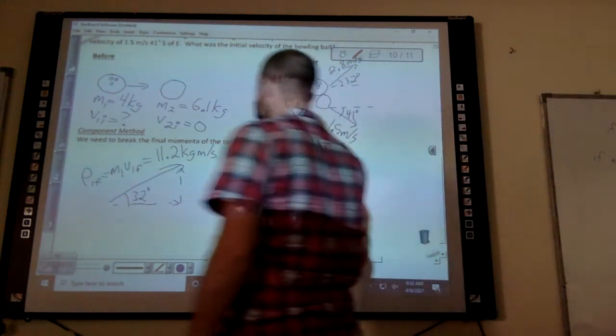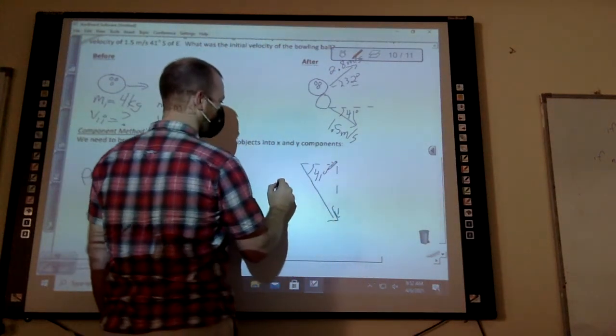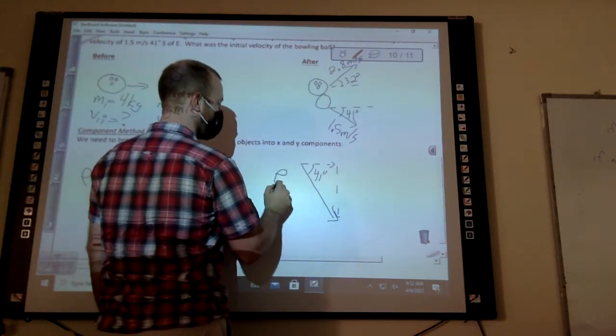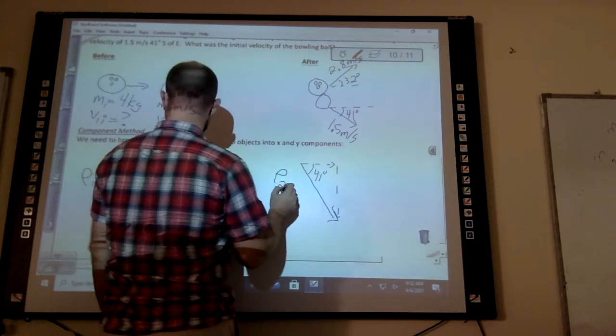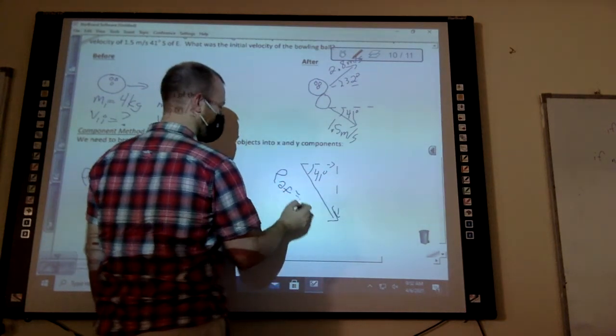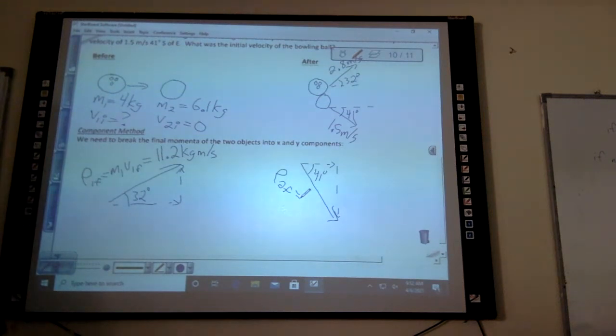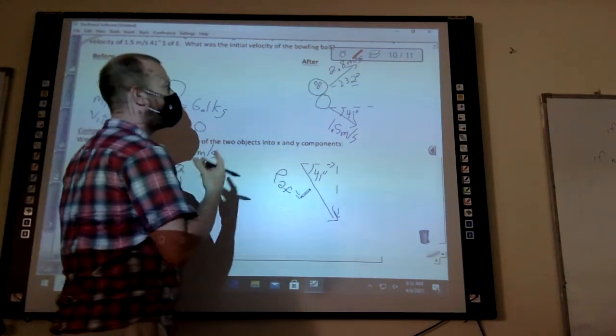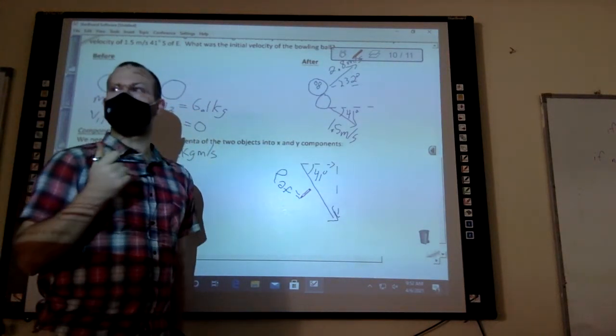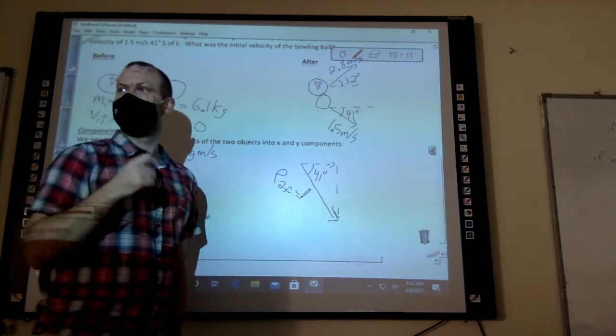Would you ever ask us to solve for a mass? Yep, I could ask you to solve for anything in this question. This is why sometimes the trig method is easier.